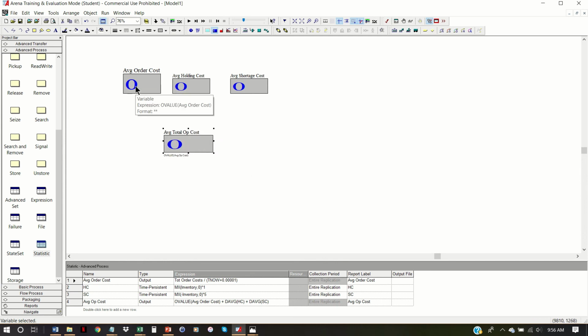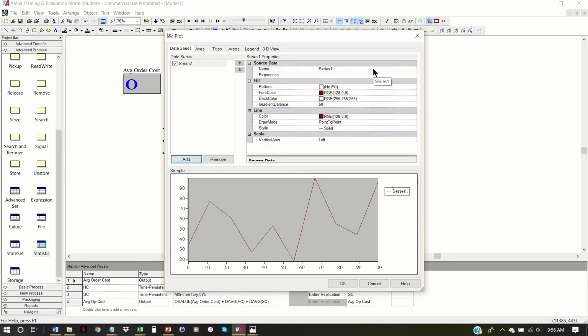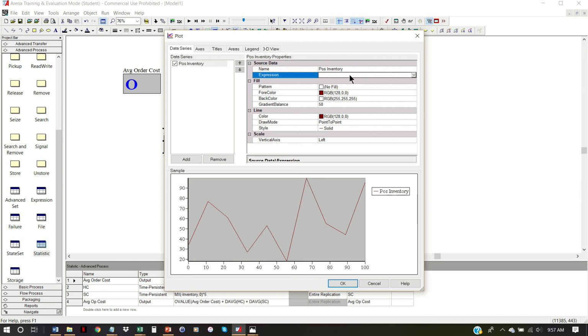Okay. In addition to seeing these numbers being tracked in real time, Bucky also wants to see a plot of the inventory level at all times. So let's create a plot. We're going to add a series, and we're going to call this positive inventory. The expression is going to be the maximum between inventory and 0.